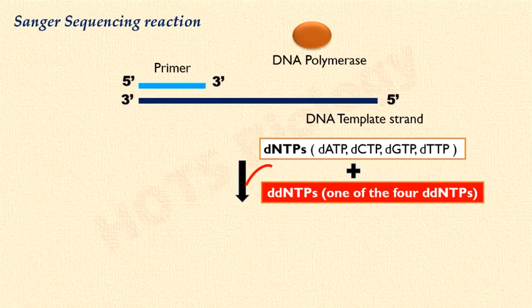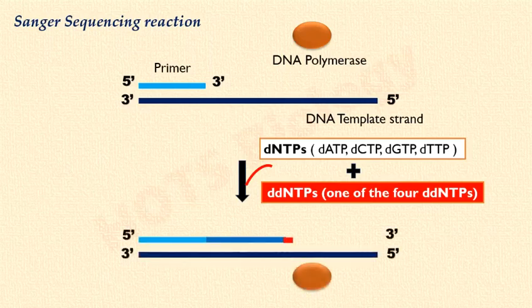But DNA polymerase will occasionally insert a ddNTP, instead of a dNTP, into a growing DNA strand. Since the incorporated ddNTP lacks a 3' hydroxyl group, it cannot form a bond with another nucleotide, and DNA synthesis will terminate. Thus, in each case, we will get partially replicated fragments.